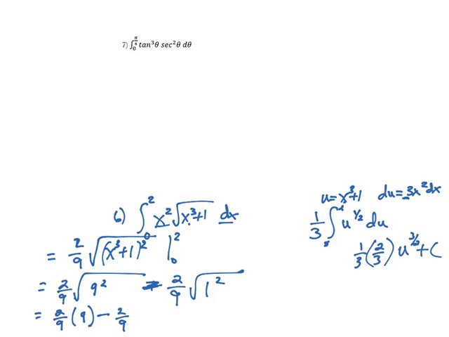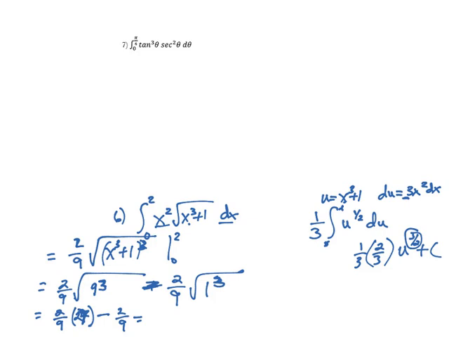So, hang on. I made a little mistake here because 3/2 power is the square root cubed. So this should actually be cubed. Sorry about that. So the square root of 9 is 3. 3 cubed is 27. This still says 2/9.